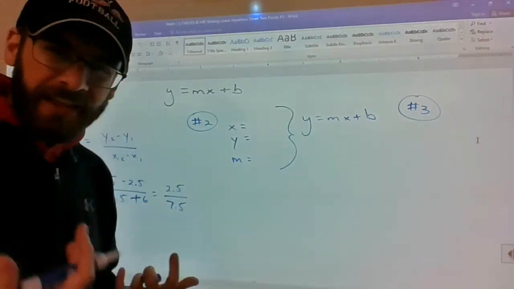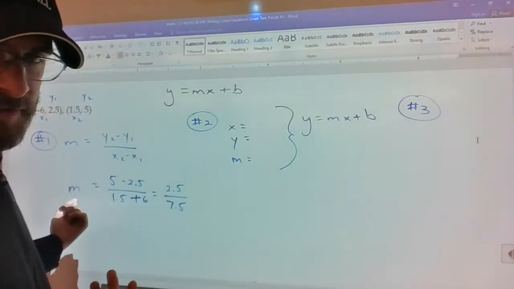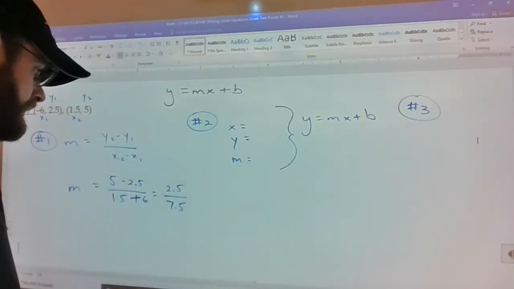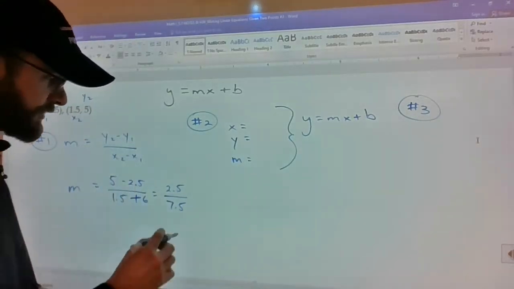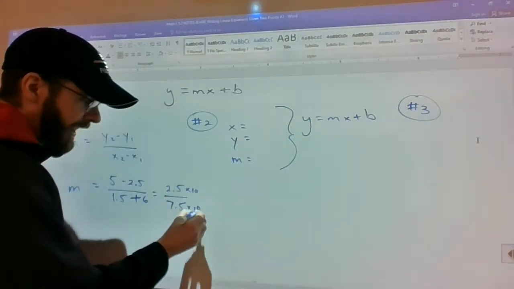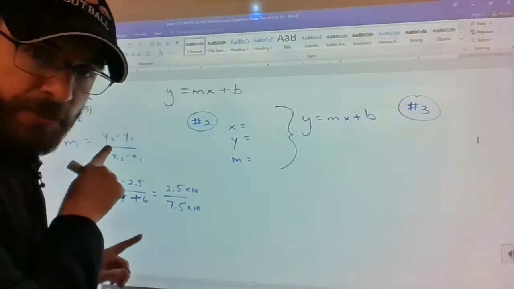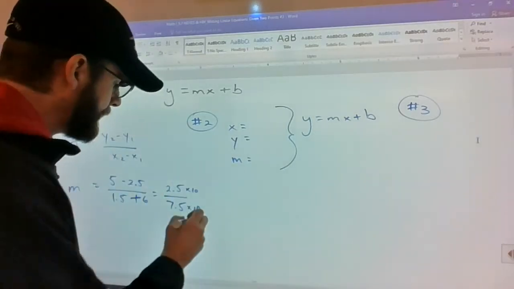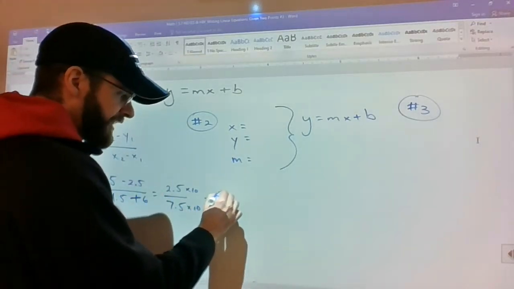Now, I don't think it's helpful to put decimals for the slope most of the time. So what we're going to do here is you can multiply the top and bottom of this fraction by 10, or in other words, move the decimal place over one spot to create 25 over 75.